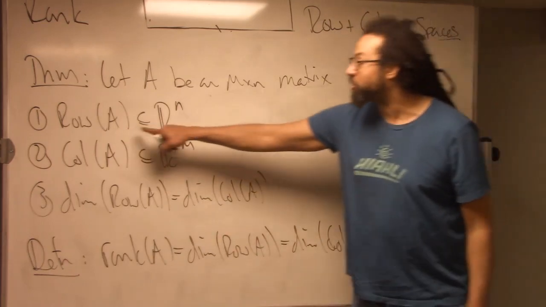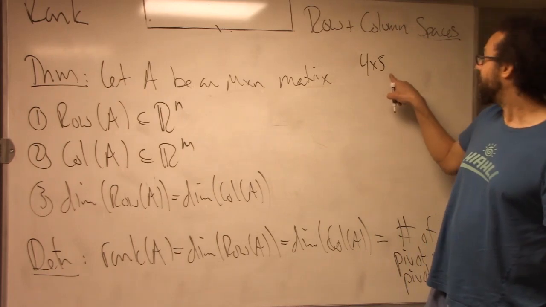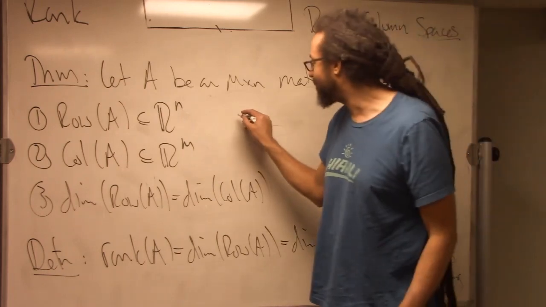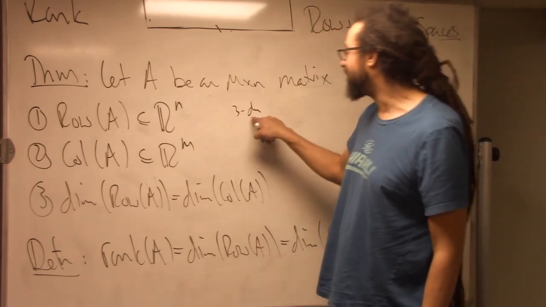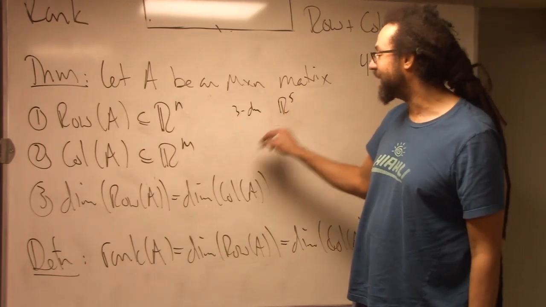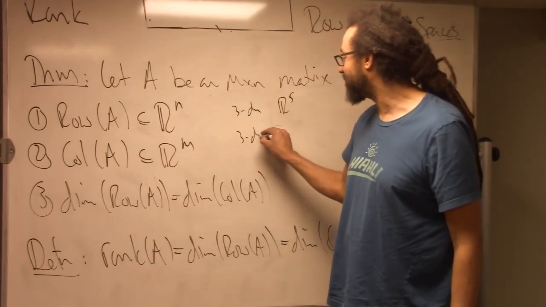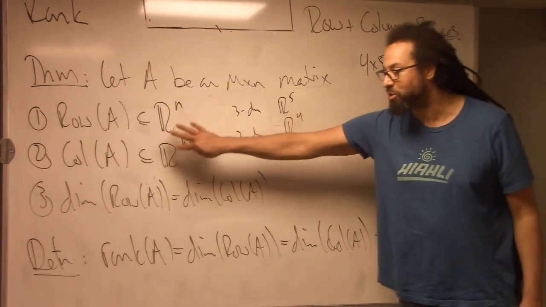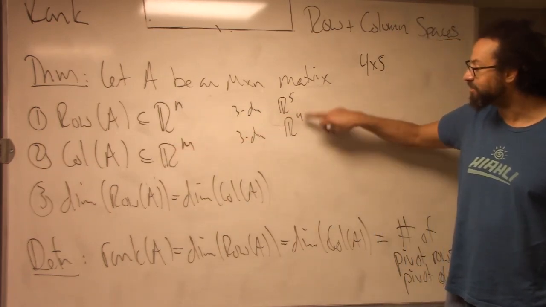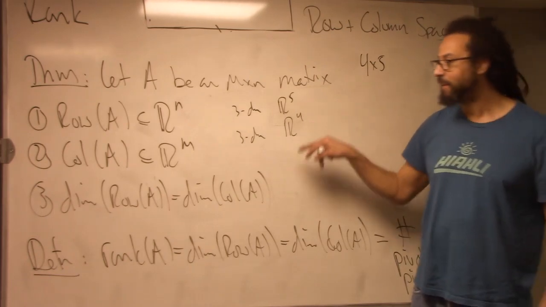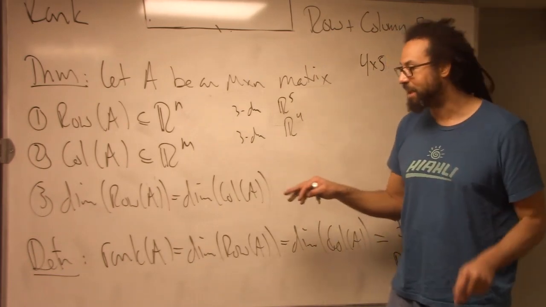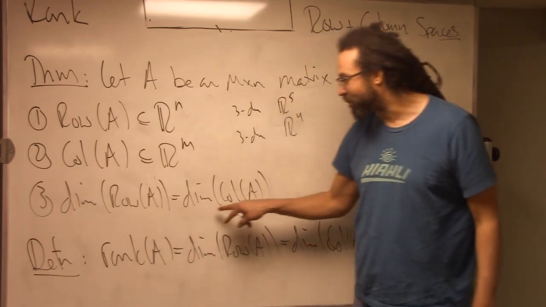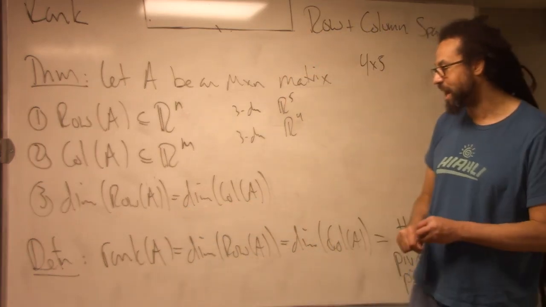Now, the row space lived in R5, so it was a three-dimensional vector space in R5. This thing was a three-dimensional vector space in R4. So even though the row space and column space live in different ambient spaces, they will always have the same dimension. So the dimension of the row space is always equal to the dimension of the column space.